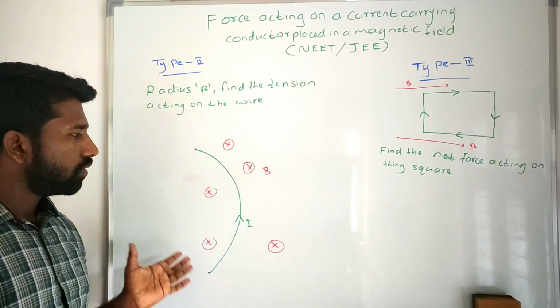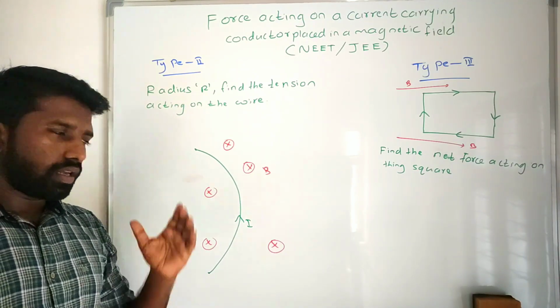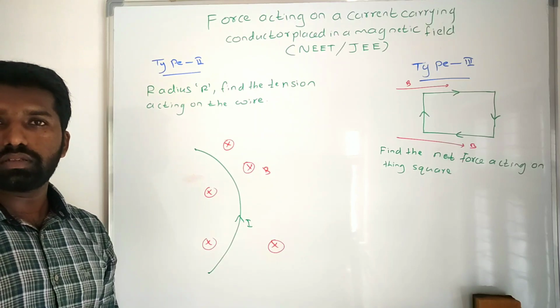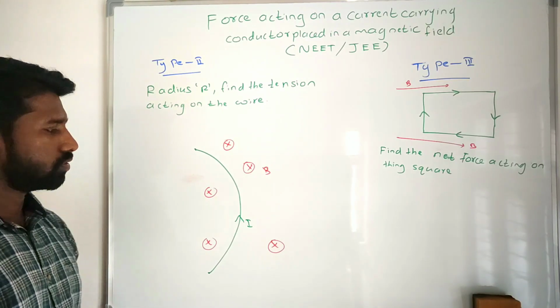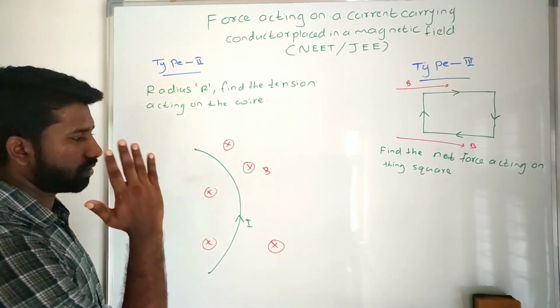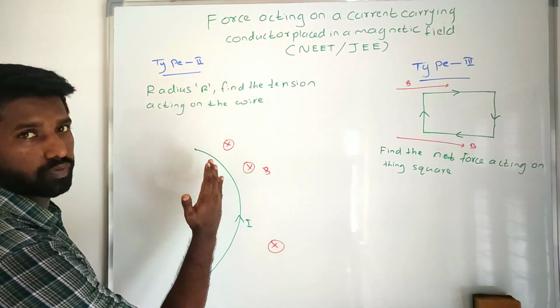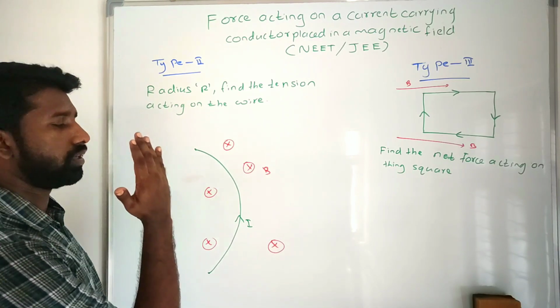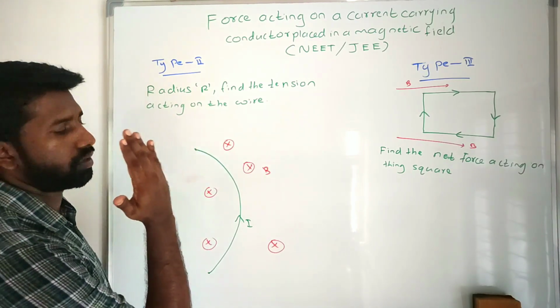We all know that a current carrying conductor placed in a magnetic field will experience a force. Here this is a current carrying conductor, so it will experience a force. That force can be found by using Fleming's left hand rule or the right hand rule. I am applying the right hand rule here.